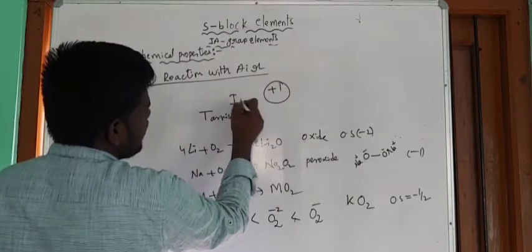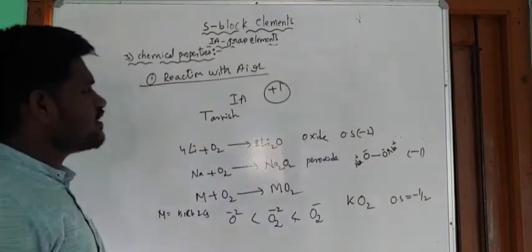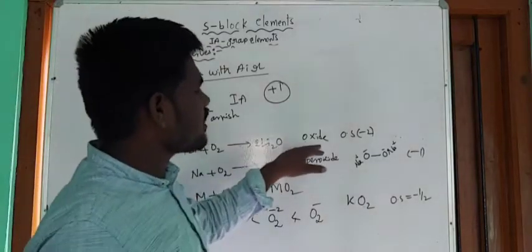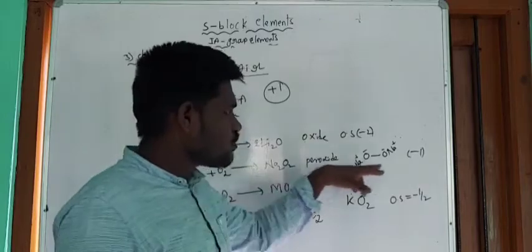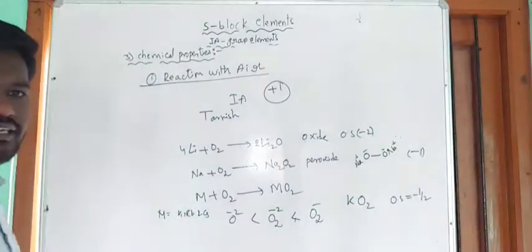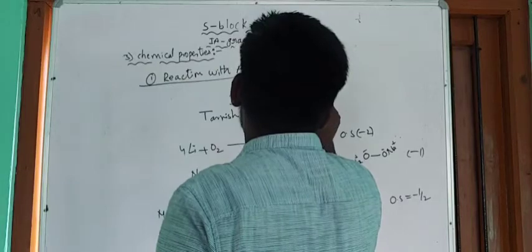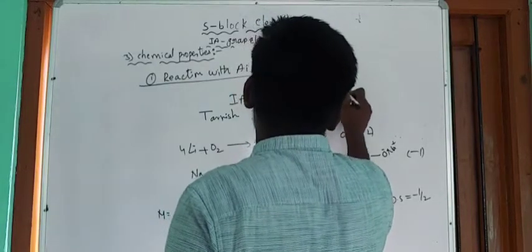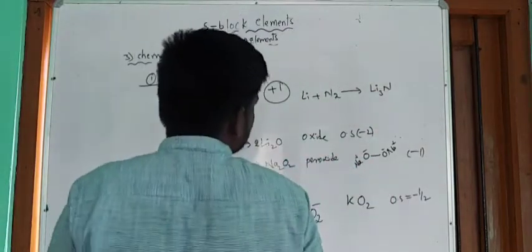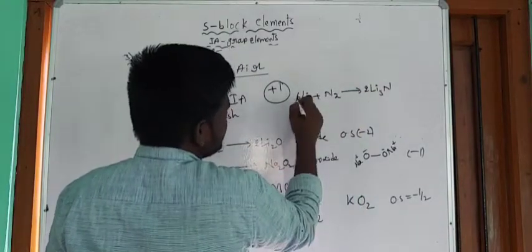Lithium, sodium, potassium, rubidium, cesium, all show +1 oxidation state, but oxygen in the oxide shows -2, in the peroxide -1, and in the superoxide -1/2. And one more exceptional thing here: lithium directly reacts with nitrogen and gives lithium nitride. To balance this, multiply with 2 here and take 6 lithium.